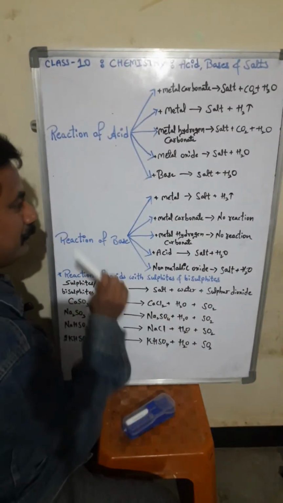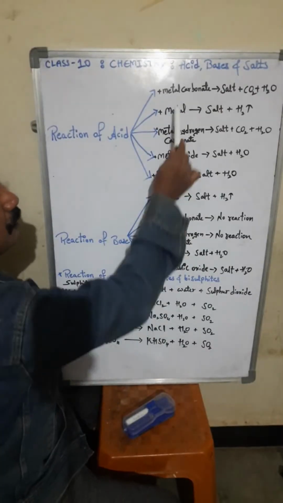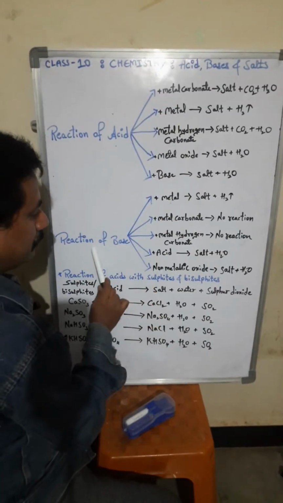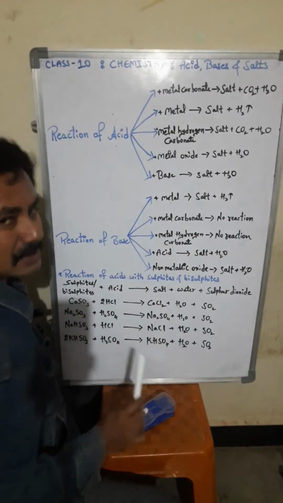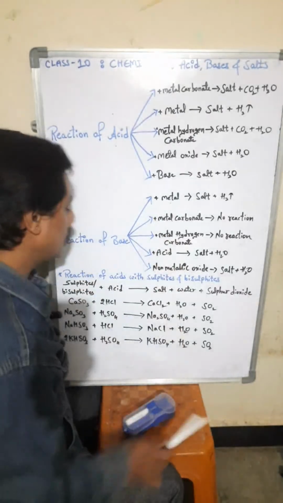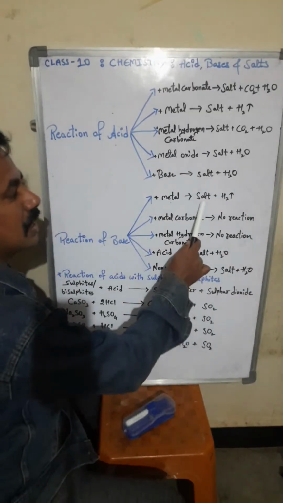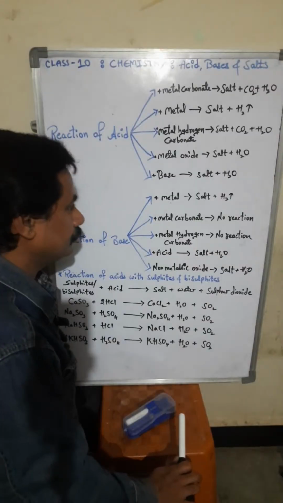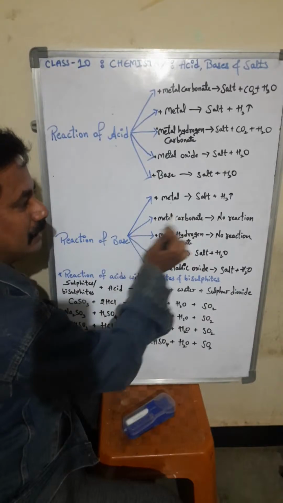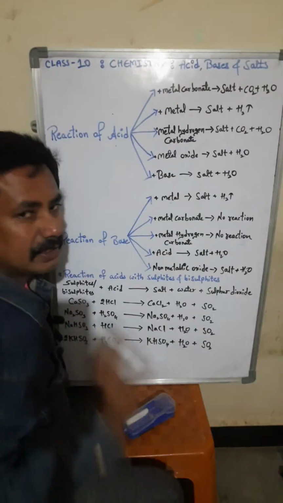Now when bases react with these, let's see one by one. When base reacts with metal, what happens? Base and metal, when they combine, the result is salt plus hydrogen gas. Fix this in your mind.